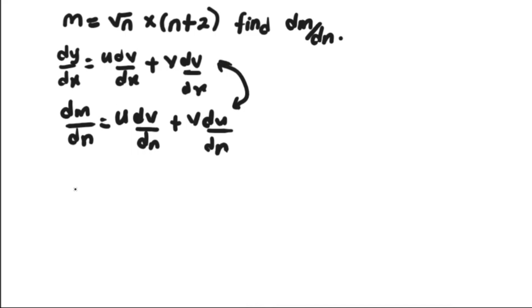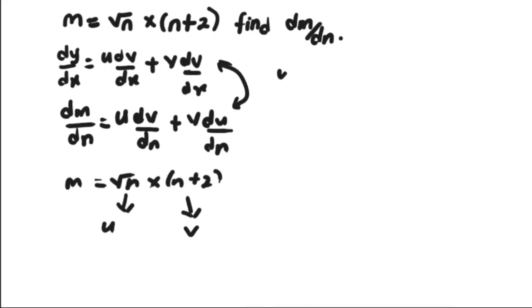So now let's solve it. If our m is equal to root n times n plus 2, if we take this to be our u, we are going to take this to be our v.